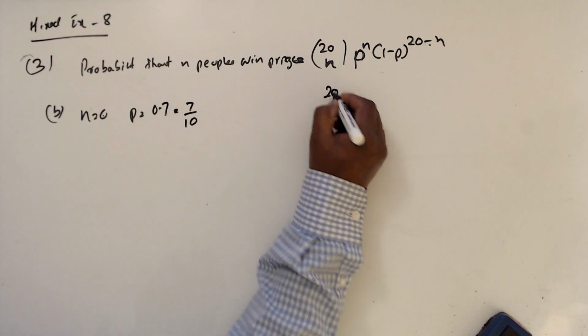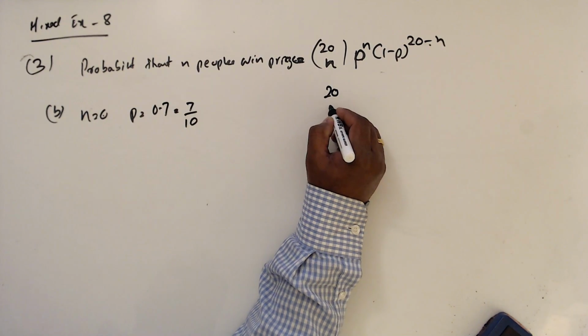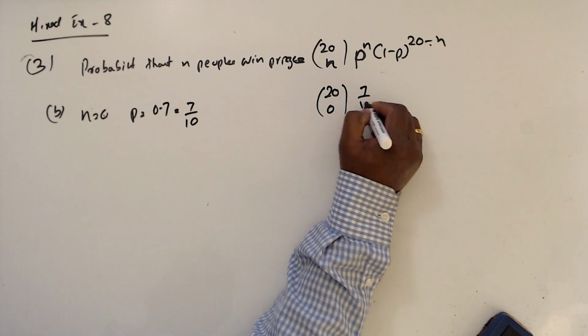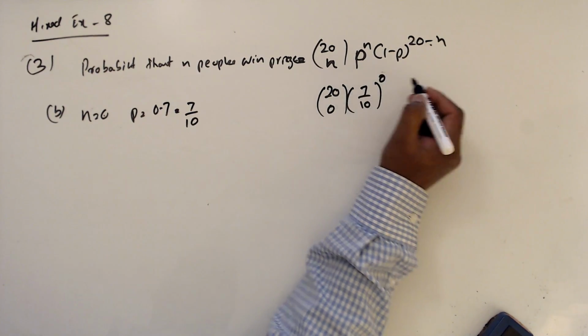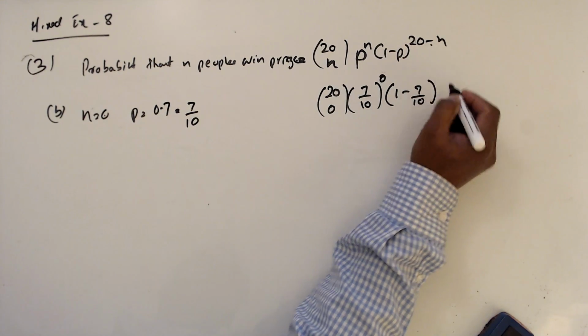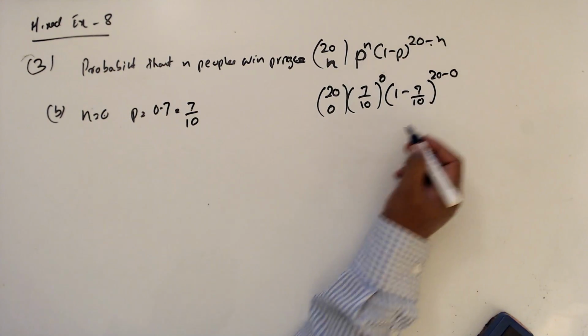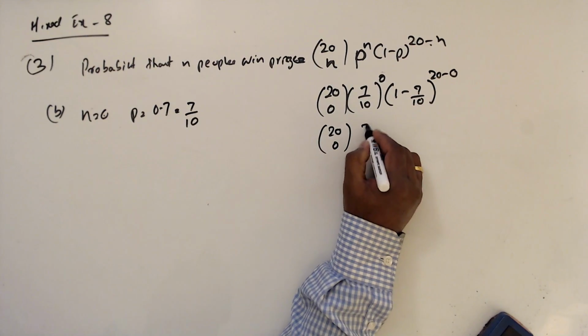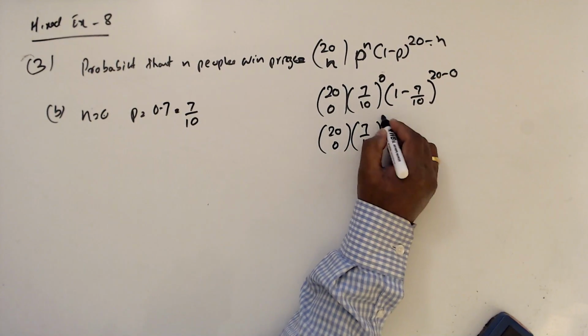This is 20 choose 0, and p means 7 over 10 to the power 0, and 1 minus 7 over 10 to the power 20 minus 0. This is 20 choose 0 times 7 over 10 to the power 0.